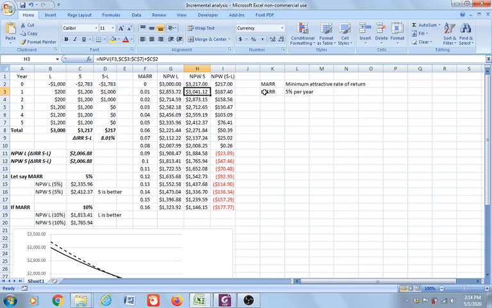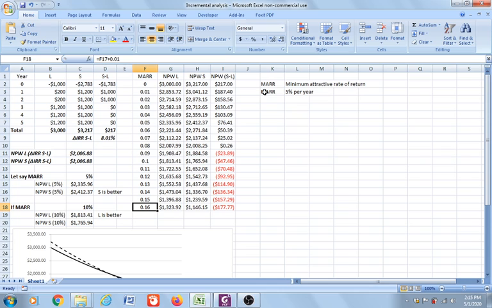Now I will calculate the net present worth for alternative L, the net present worth for alternative S, and the net present worth of S minus L, and I will calculate that at various values of MARR, here from 0 until 16%.